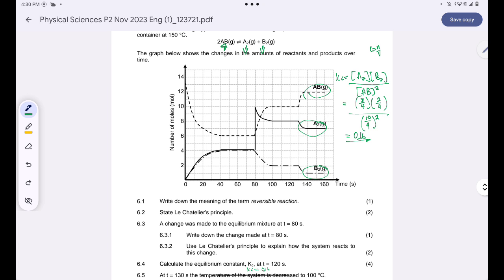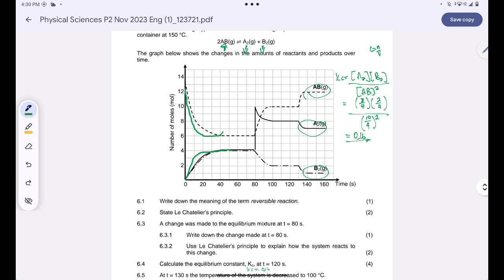Are you together? So what will happen here? Rather, the graphs will be steeper. However, they will still reach the same values at equilibrium. Let's say this one will be like this, and then these two will be like this.